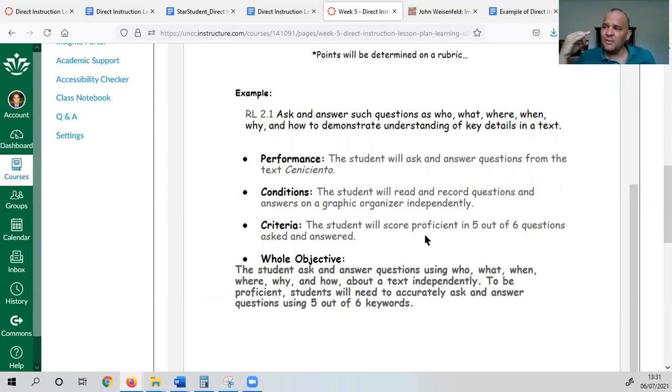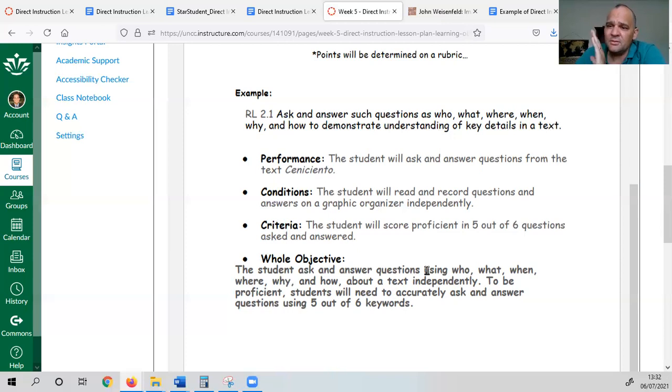The performance, the conditions, and then the criteria. And you can see then the whole objective statement reads like this. The students ask and answer questions, who, what, when, where, why, and how, about a text independently. To be proficient, students will be able to accurately ask and answer questions using 5 out of 6 keywords. So that's what I'm looking for.